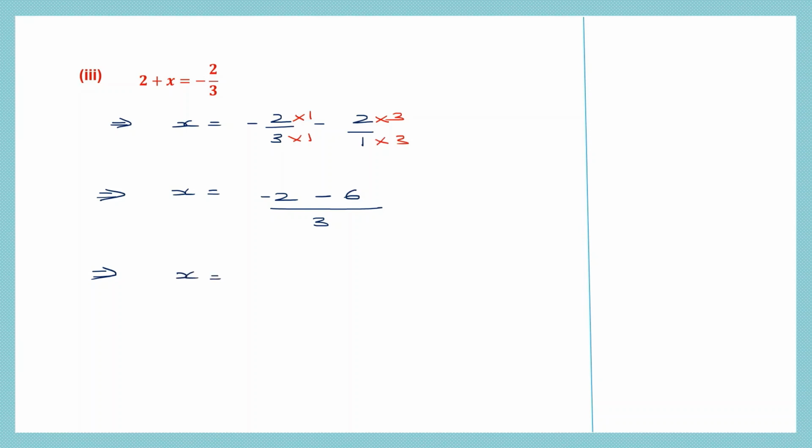Signs are the same, so put the same sign and add. 2 plus 6 is 8. Minus 8 by 3. Now if you want to convert it to a mixed number, divide 8 by 3. 3 2s are 6, minus 2. So what will this be? 2 by 3. There's a minus sign, so minus 2 2 by 3.